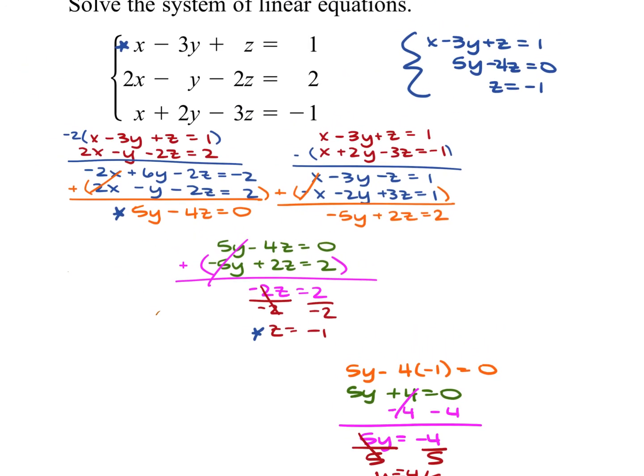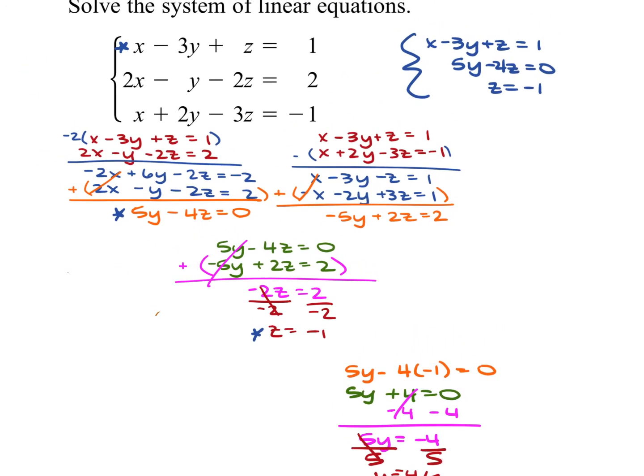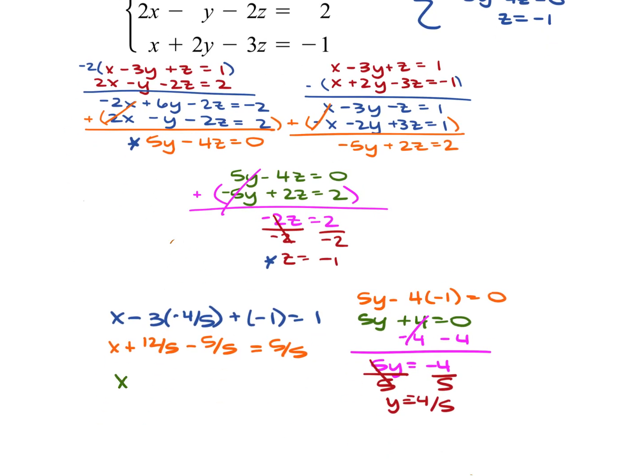From here, plug that in, solve for x. So we're going to have x minus 3 times -4/5 plus z, which is -1, is equal to 1. This is going to leave us with x plus 12 over 5 minus 5 over 5 is equal to 5 over 5. From here, we're going to have x plus 7 over 5 is equal to 5 over 5.